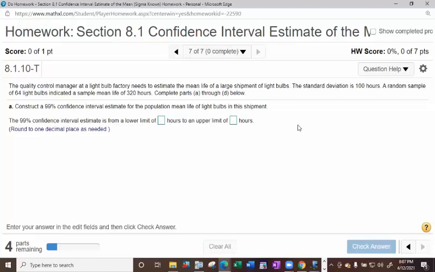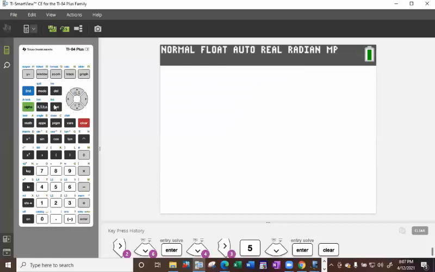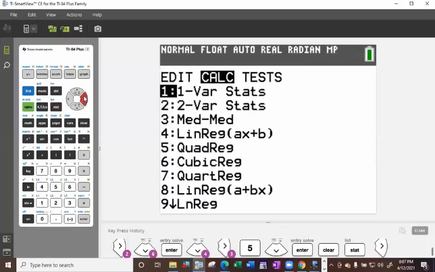Okay, now let's see. We've got a 99% confidence interval. So I'll just toggle back and forth here and enter everything I need. Stat, test.